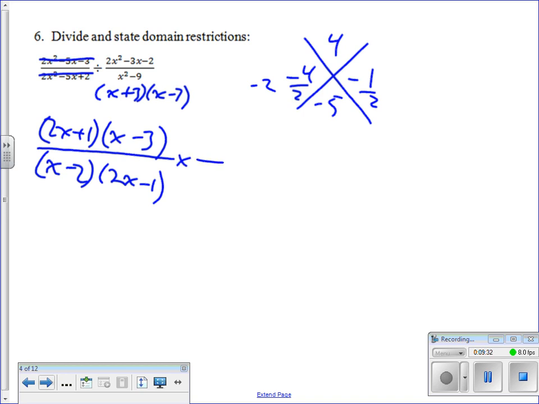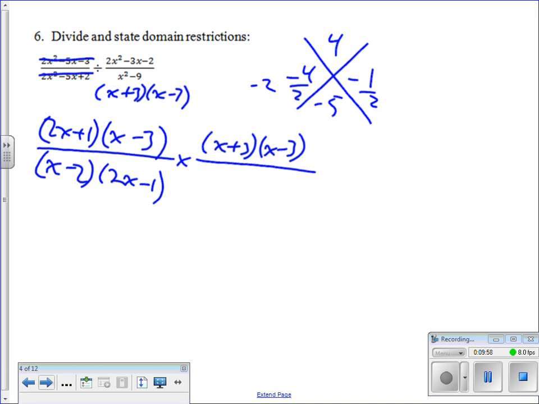which when I invert and multiply becomes my numerator, right? So I'm dividing, so I invert the second fraction. Now I want to pause here. What are my domain restrictions? Because my domain restrictions from my original problem come from this denominator here and this denominator here.